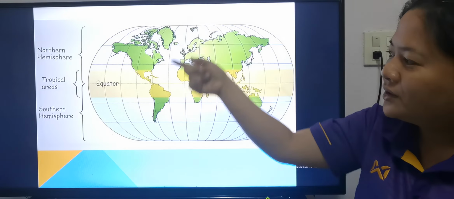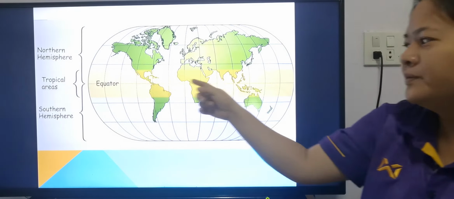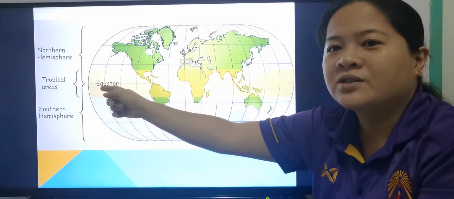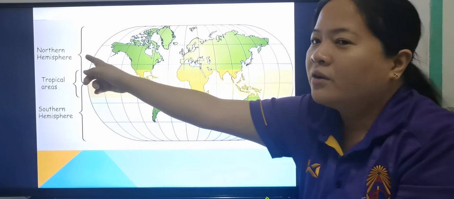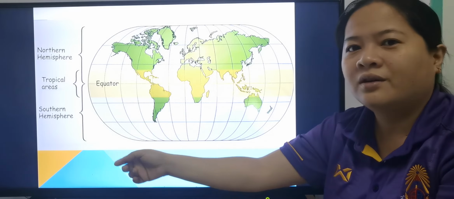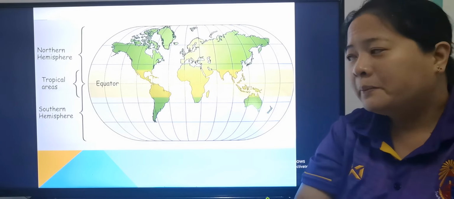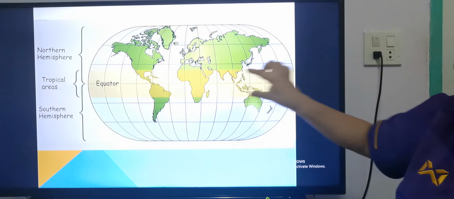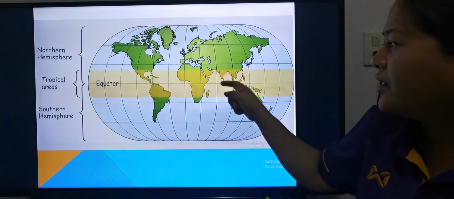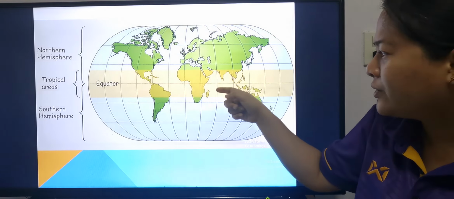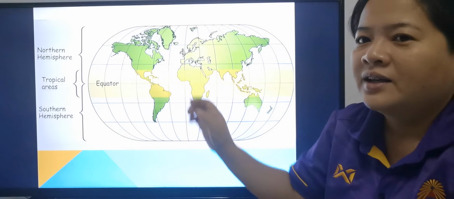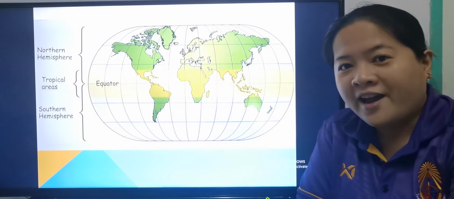If you look at the Earth, if you divide it, this is the line, the equator. Countries or areas above the equator are called the northern hemisphere, and countries below the equator are called the southern hemisphere. But if you are here in this yellow zone, you are near the equator, a little bit above or a little bit below it, in what we call tropical areas.